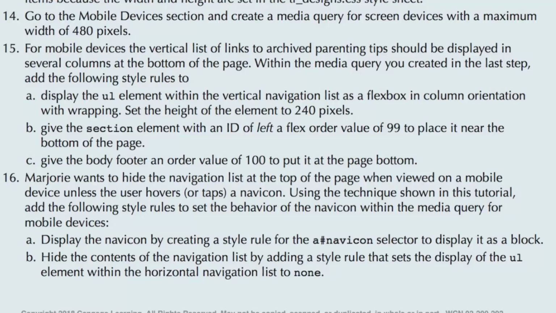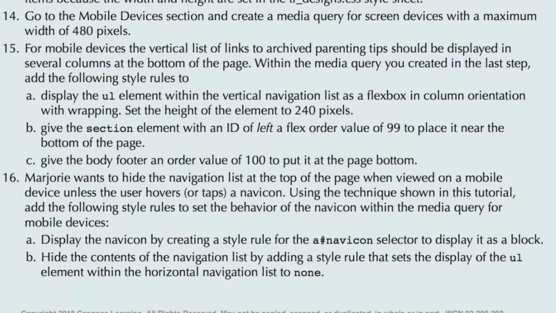We're up to step 15 now. So for mobile devices, the vertical list of links to archived parenting tips should be displayed in several columns at the bottom of the page. The media query that we created in the last step, we want to add to it now A, B, and C here. So in 15A, we want to display the UL element with the vertical navigation list as a flex box in column orientation with wrapping.